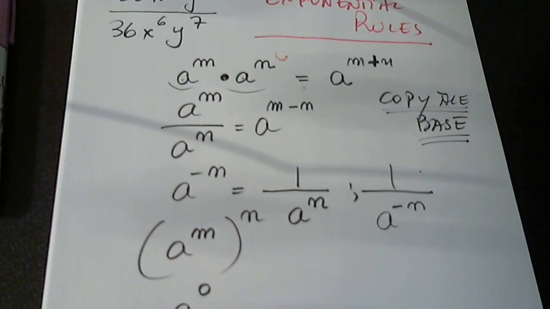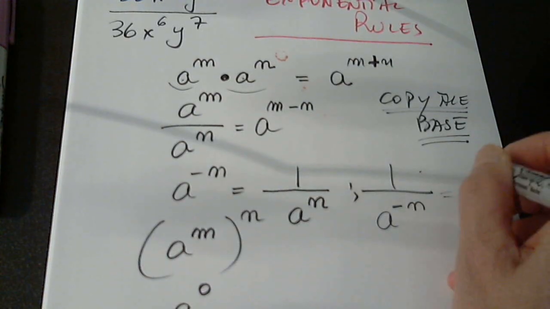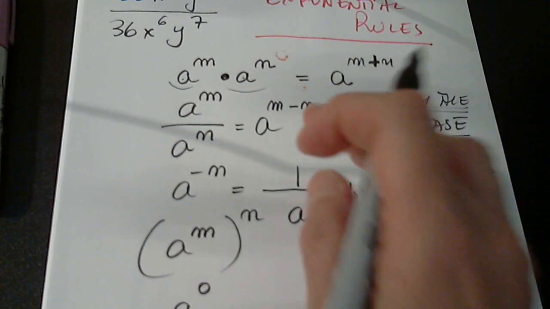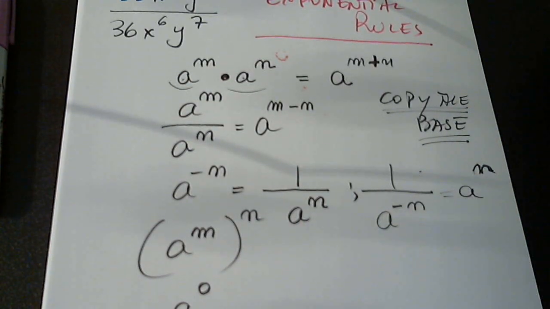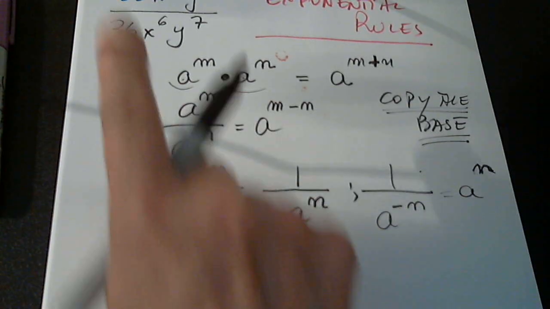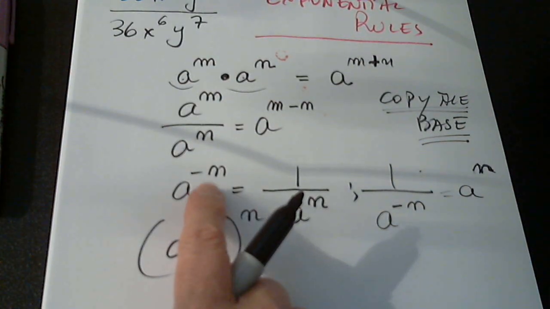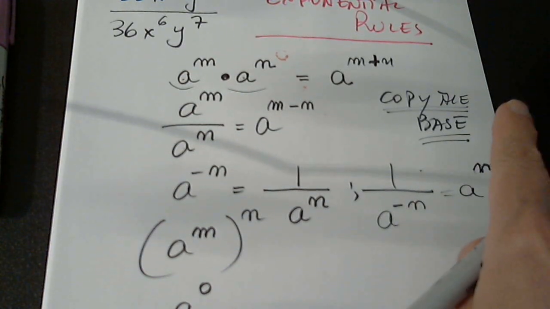It goes to the top with positive power. So see, this is at the top, now it goes to the bottom because it has a negative exponent. It has a negative exponent in the denominator, it goes to the top.